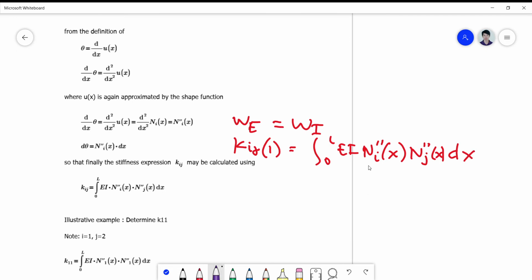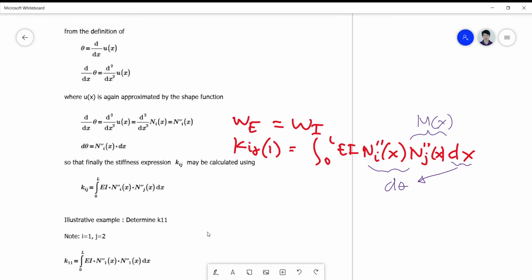Simply this part here constitutes your d theta, and this part here constitutes your Mx. The d theta is N double prime.